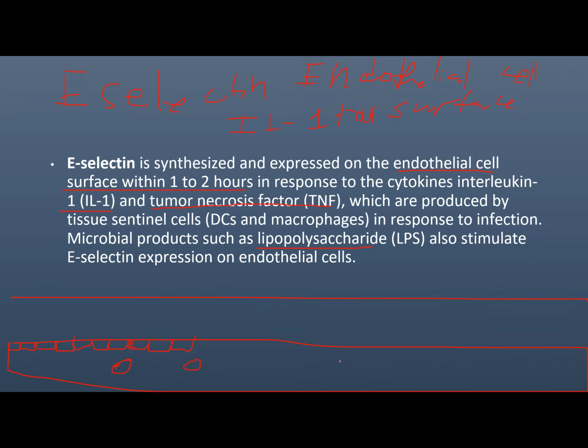Now, whenever your macrophage class would secrete cytokines such as interleukin 1 and tumor necrosis factor, it would cause class the expression of your E-selectin. So the E-selectin would cause its ligands to be released and so on.